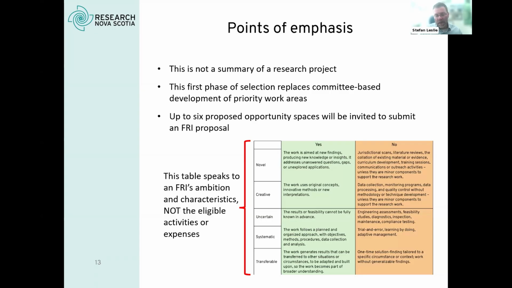The other dimension to this is that we are asking, through this process, for the proposals to develop an argument of what they're proposing to do and how it hits these different elements. We know that it can be really tricky to develop something, especially around transferable, where the value comes from developing a technique or technology that is held by the proponent or by the person developing that technology to the exclusion of others.